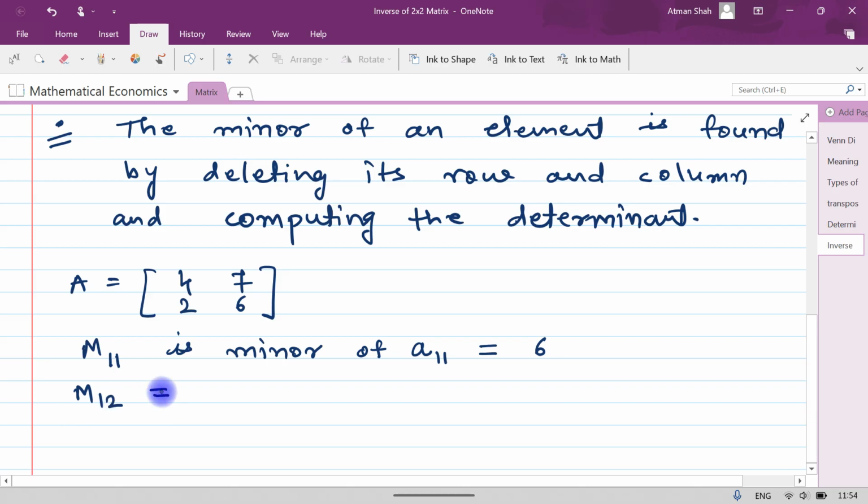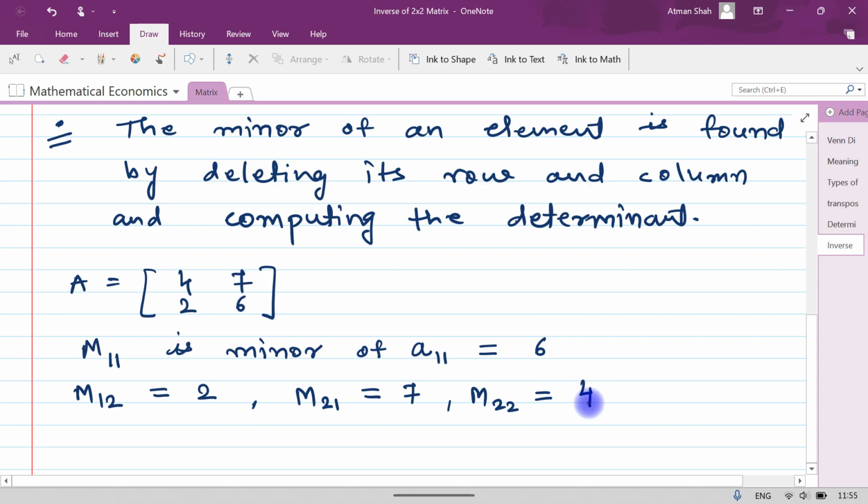M12, now you remove first row, second column, so the remaining digit is 2. Similarly M21, so we delete second row, first column, therefore we have 7, and then M22, second row, second column, so the remaining element is 4.